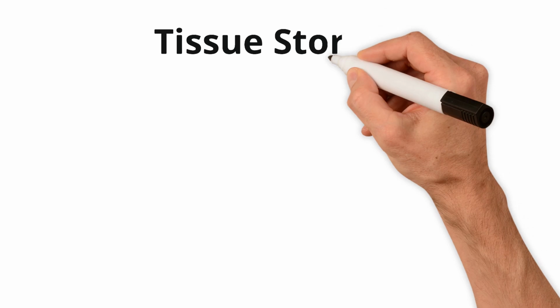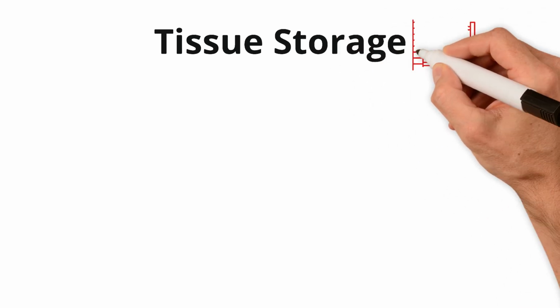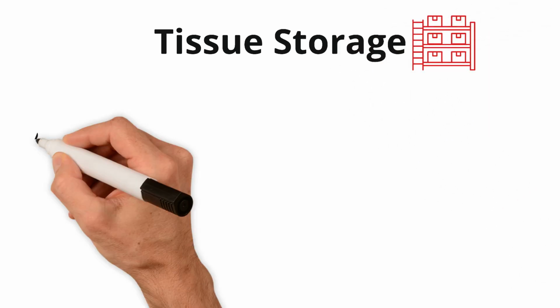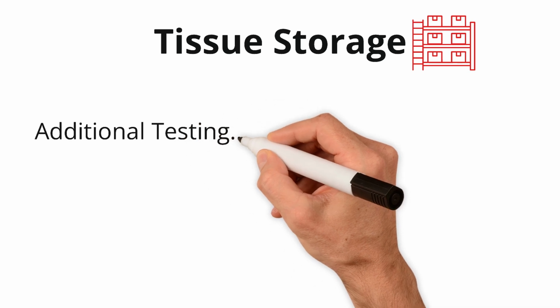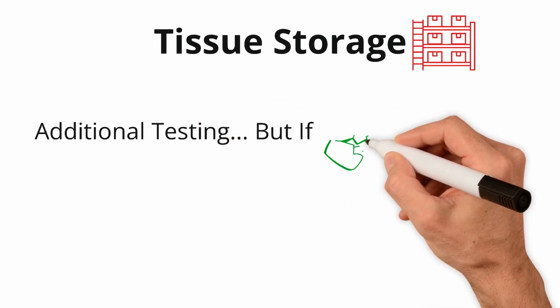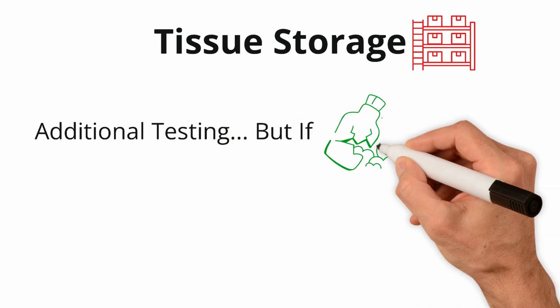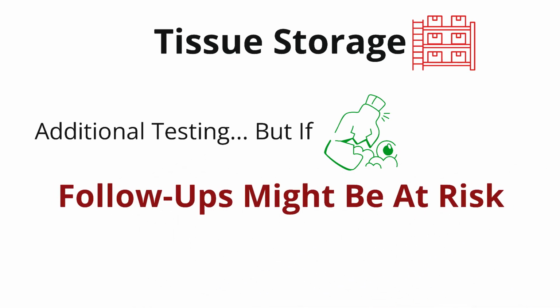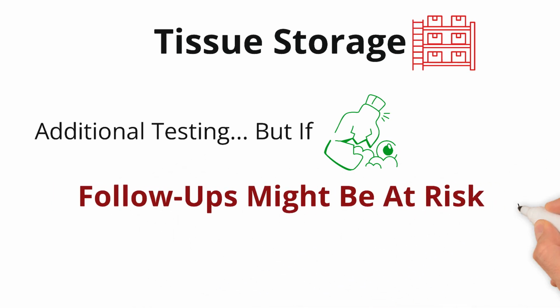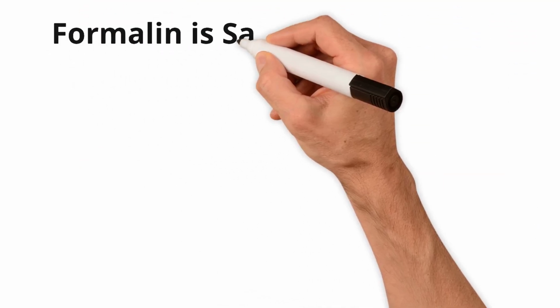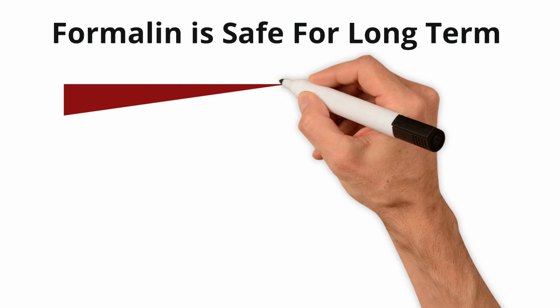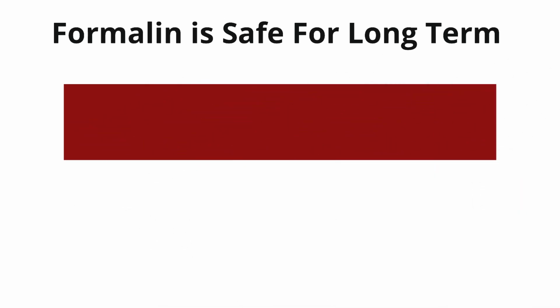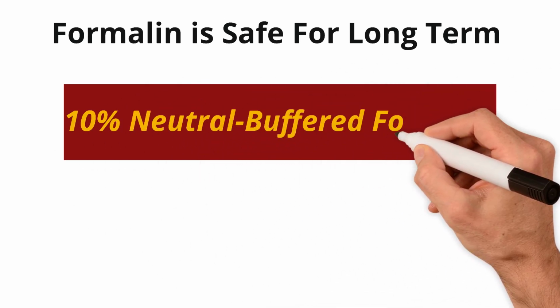The seventh factor is a crucial step in the histology lab that often gets overlooked, and that is the tissue storage. Sometimes you will need this tissue later for additional testing, and if it was not stored properly, those follow-up studies might be at risk. Formalin-fixed tissue is usually safe to store long-term, especially in 10% neutral buffered formalin.